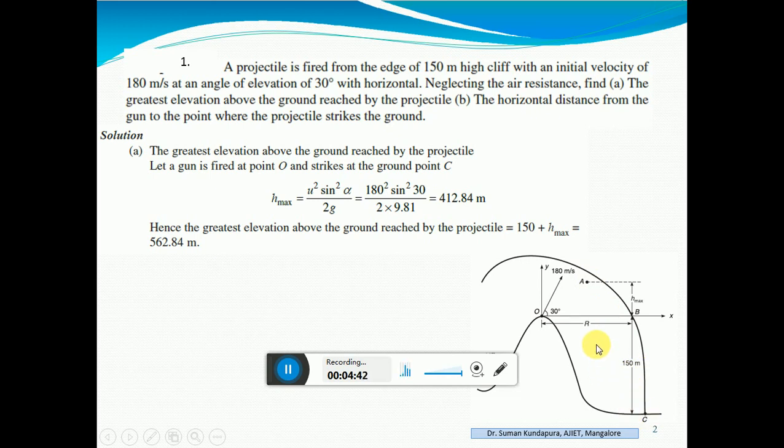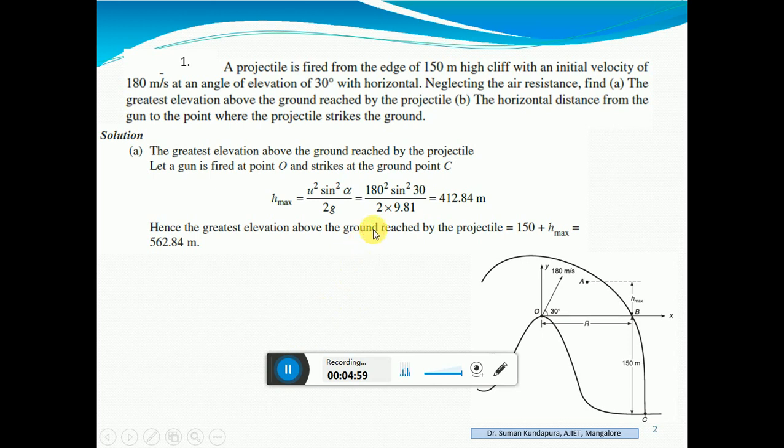If you look into the velocities also, the velocity is 180 here, and when it reaches the highest point the vertical velocity becomes 0, then again by the influence of gravity it goes on increasing.